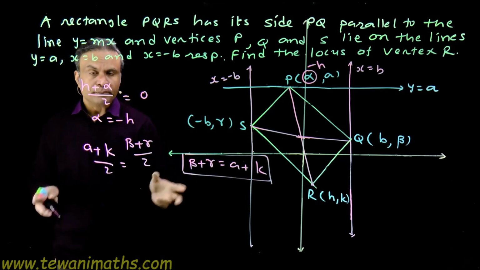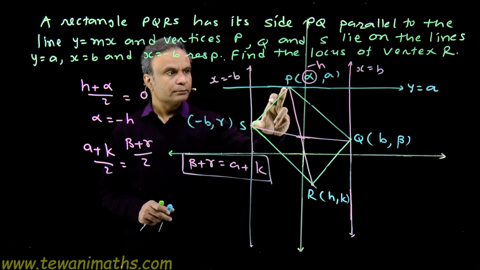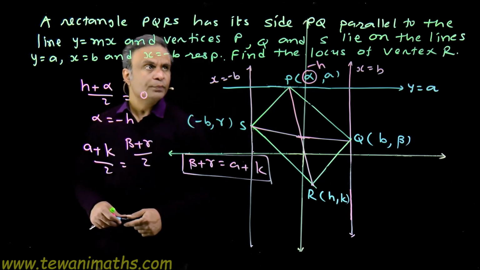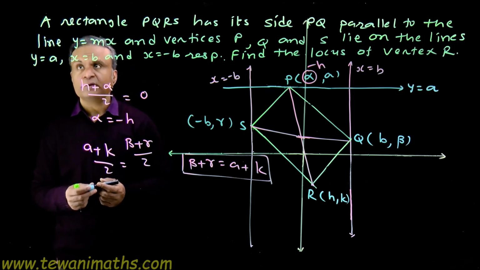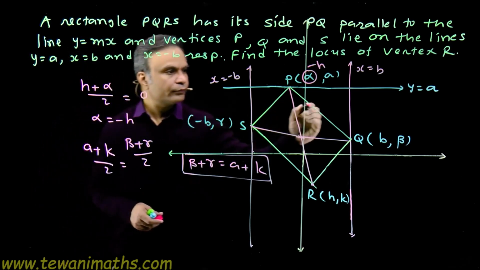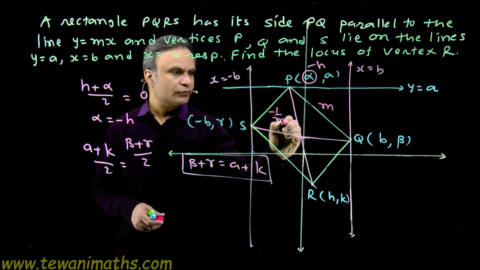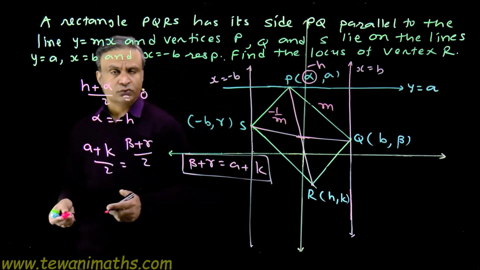Now this is for the parallelogram, that the diagonals bisect. Now for the rectangle, PS is perpendicular to PQ. It is given that PQ is parallel to the line y is equal to mx. So the slope of PQ is m, then the slope of PS must be minus 1 upon m for PQRS to be a rectangle.